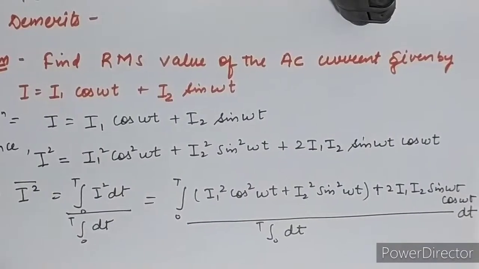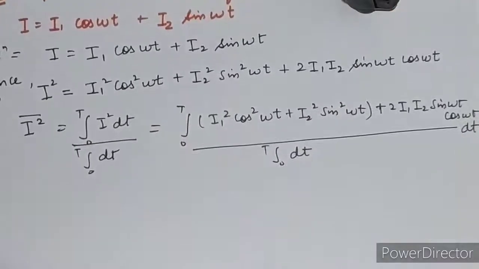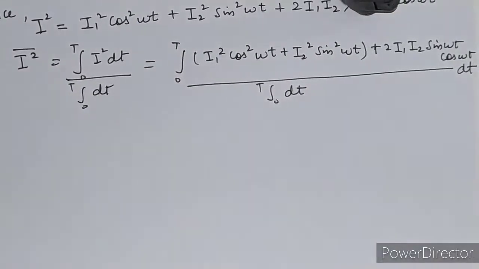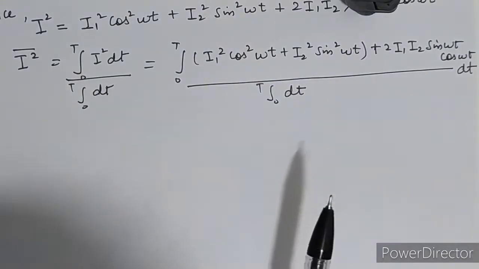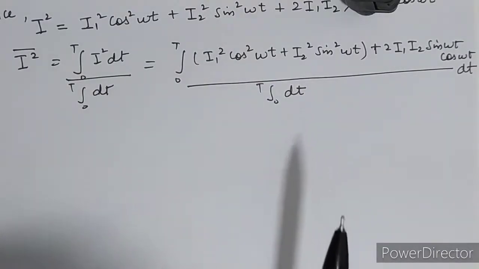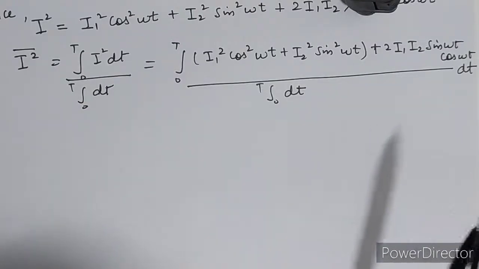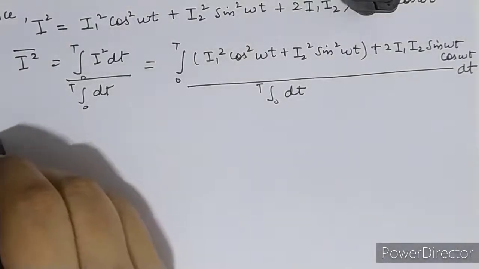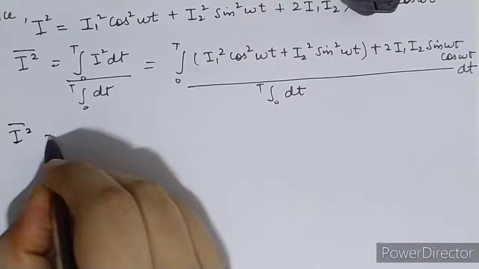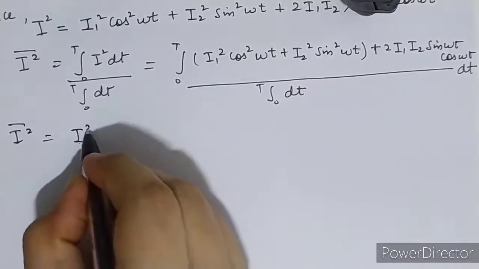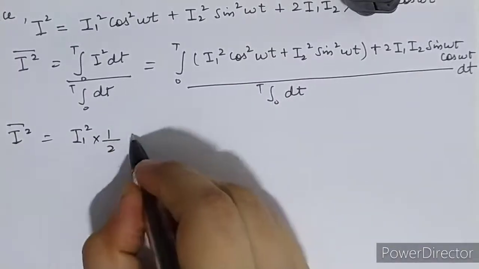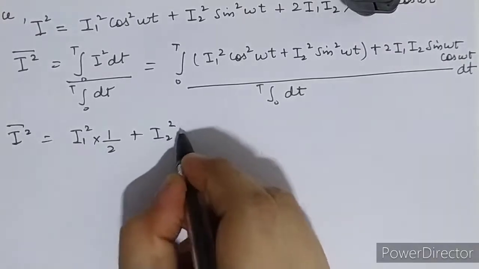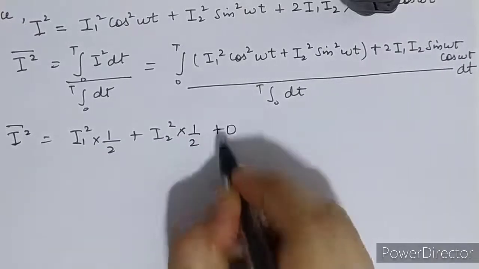Okay, now moving ahead. While doing the integration, its value will be I1 square into 1 by 2 plus I2 square into 1 by 2 plus 0.